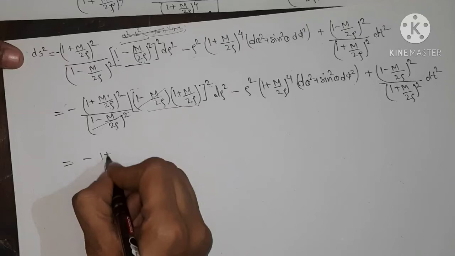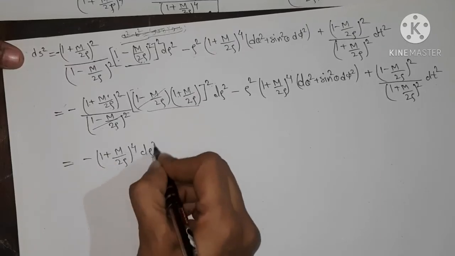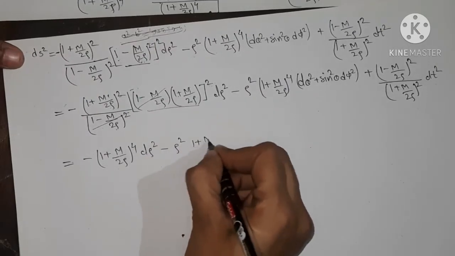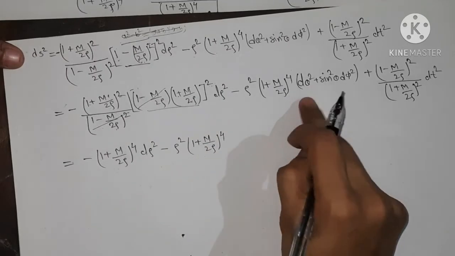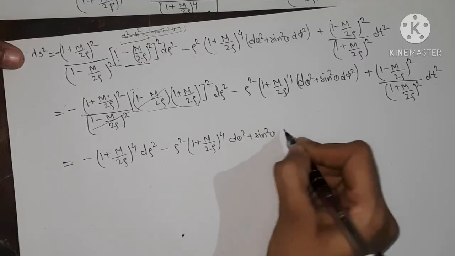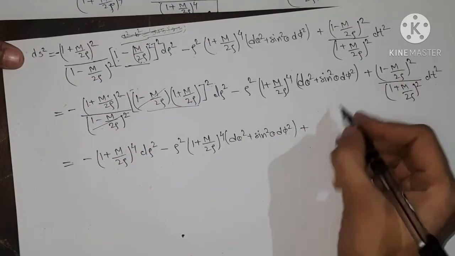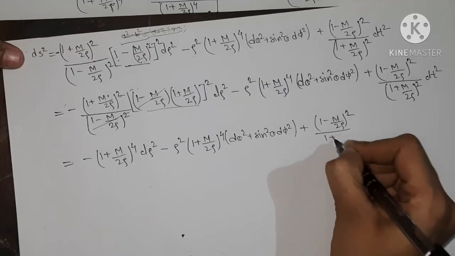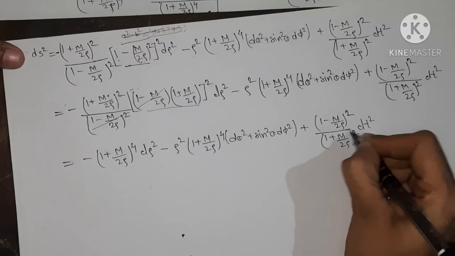So minus (1 + m/2ρ)⁴ dρ² minus this term, which is nothing but ρ²(1 + m/2ρ)⁴ [dθ² + sin²θ dφ²], plus this term as it is, (1 − m/2ρ)² divided by (1 + m/2ρ)² dt², right?